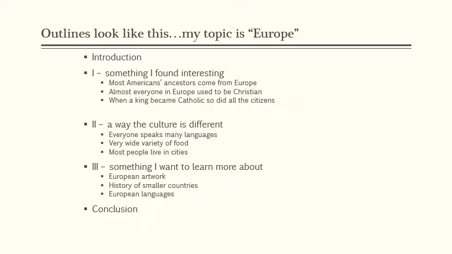If you're writing an outline and you can't come up with anything more for one of your sections, maybe you need to change the topic for that section. Maybe you didn't choose something that you have enough information about. So that's a good way to find out you need to do more research or you need to think about a different topic before you start writing your essay.